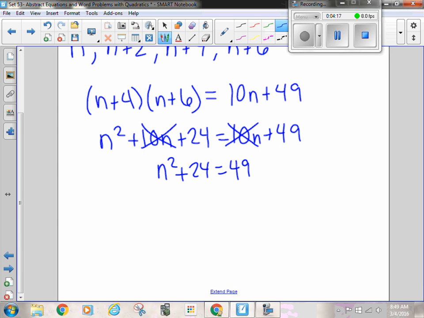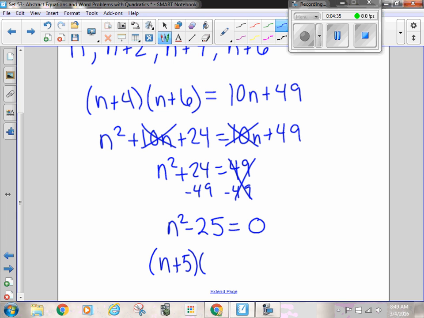So to be able to solve for this, because n is squared, I have to subtract over my 49. So I get n squared minus 25 equals 0. So we have a quadratic here. We actually have a difference of perfect squares, which turns into (n plus 5)(n minus 5) equals 0. So my two n's are negative 5 and positive 5.